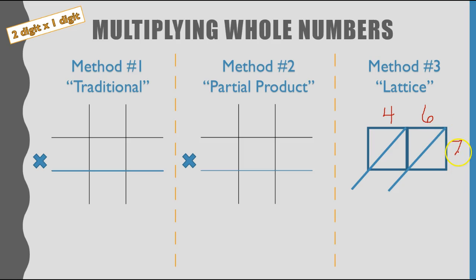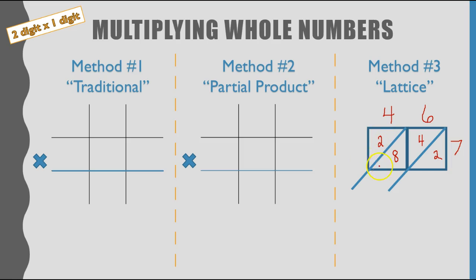So let's start. You could say 7 times 6 is 42. You put the 4 over here as the tens place and the 2 over here as the ones place. Now I'm going to say 7 times 4 is 28. You put the 2 over here for the tens place and the 8 over here for the ones place. And then what I'm going to do is add up these sections.